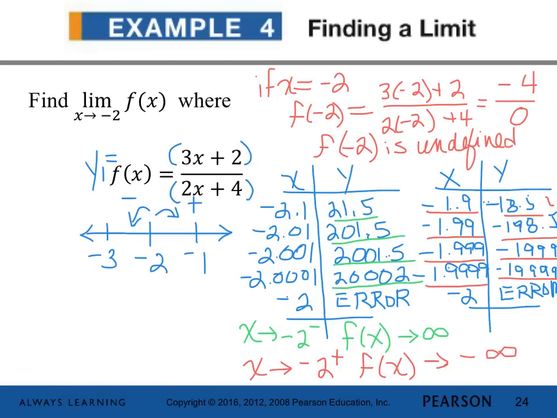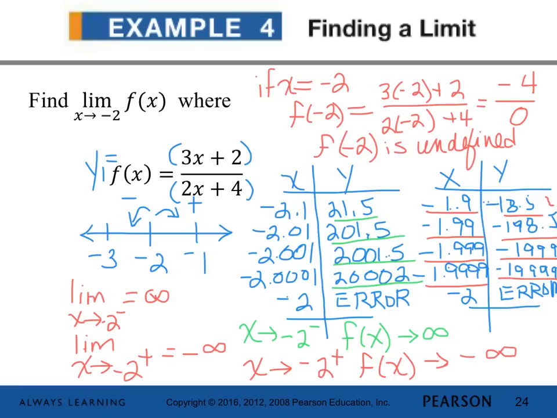So that doesn't look anything like what we've seen before. So what we can say is that the limit as x approaches negative 2 from the negative side was equal to infinity, but the limit as x approached negative 2 from the positive side was equal to negative infinity.